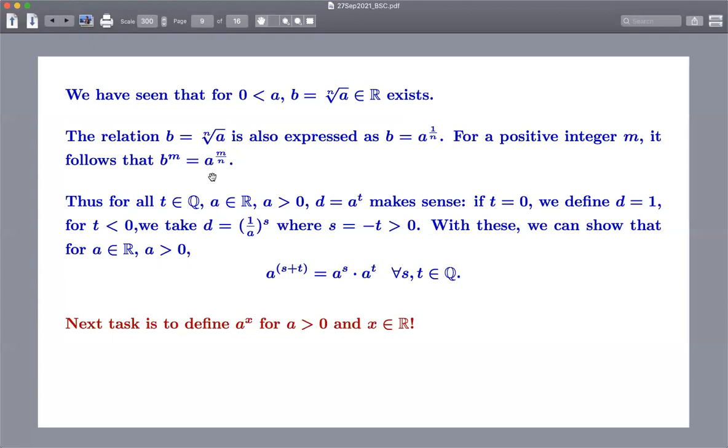So we are kind of reintroducing things which we have learned in the early school years, but now giving a meaning based on our axioms of the set R. From the nth root of every positive number a in our set R, we have gone up to writing a power m by n, where m and n are integers.